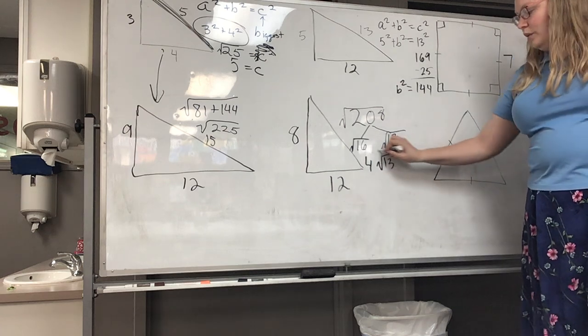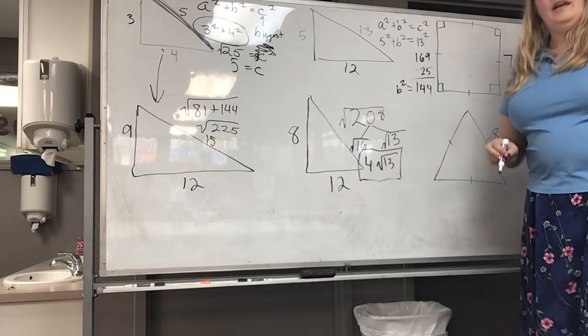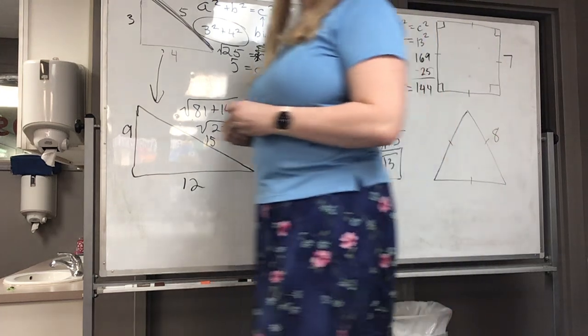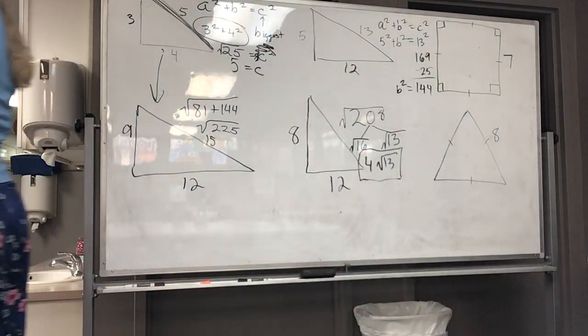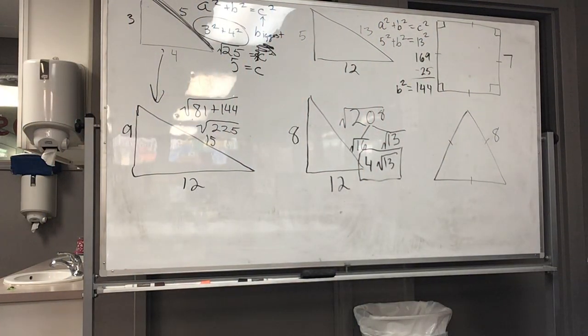And so this is what you'll see as one of the multiple choice answers. That is a simplified root. And some of you might have brushed on that in Algebra 1, but you'll do it a whole lot more in Algebra 2.